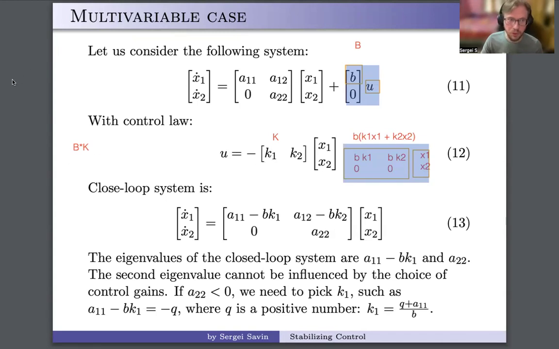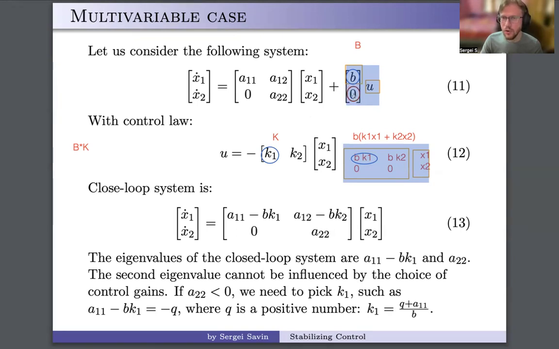So the multiplication would go something like this. First element of the first matrix times the second matrix. That's what goes here. Next, let me be careful.